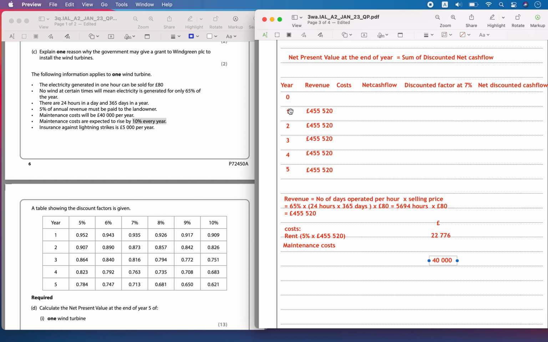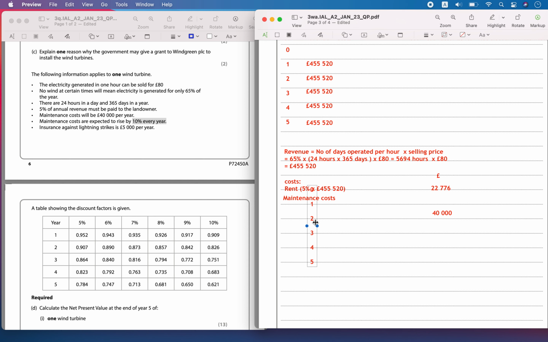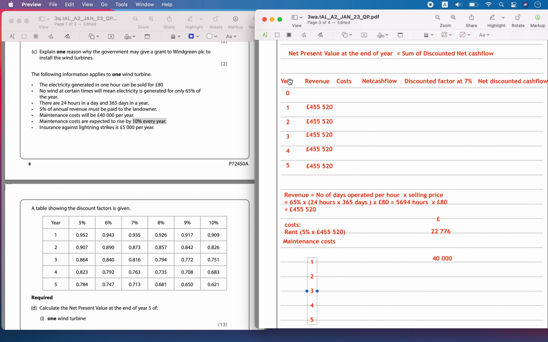For the first year, the maintenance cost is going to be equal to 40,000.